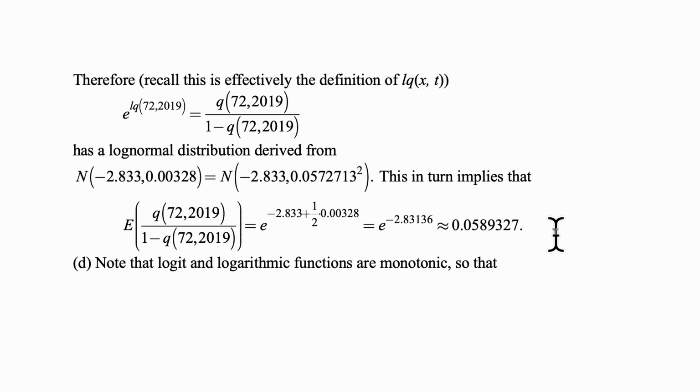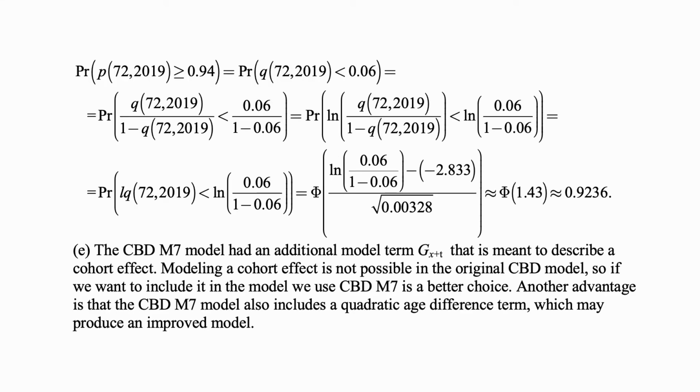which is approximately 0.0589327. Now note that logit and logarithmic functions are monotonic, so the probability that P of 72 2019 is greater than or equal to 0.94 is the same as the probability that Q of 72 2019 is less than 0.06.